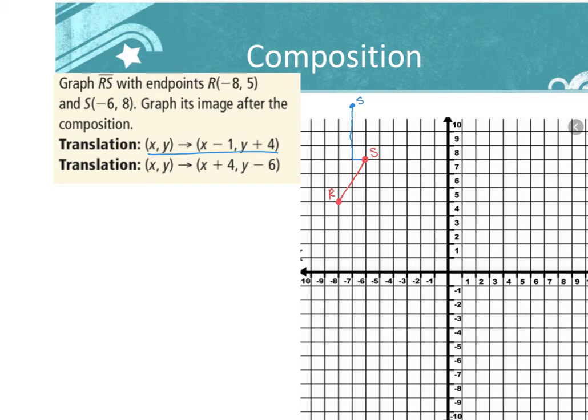This is going to be S prime, okay? And then R, we're going to move the same thing, to the left 1 and then up 1, 2, 3, 4. This is going to be R prime. Now, it does get a little confusing when I draw, so I'm going to erase the lines that I drew, okay? But I just wanted to show you guys how we were getting to these points.